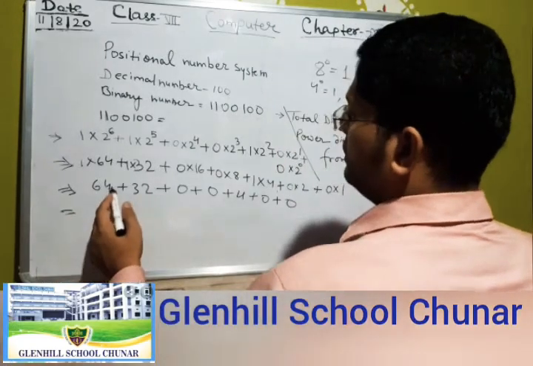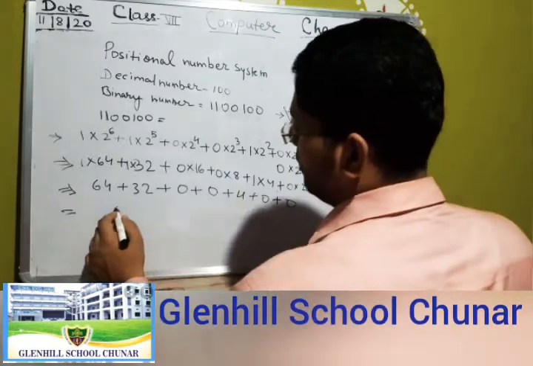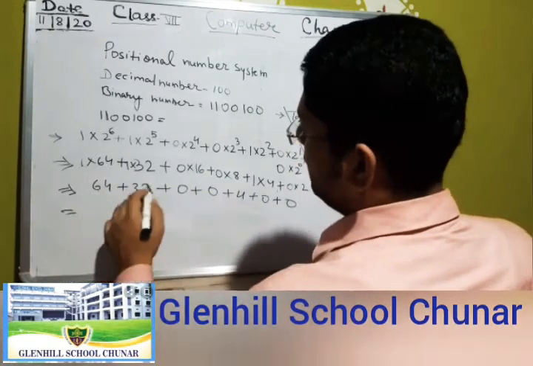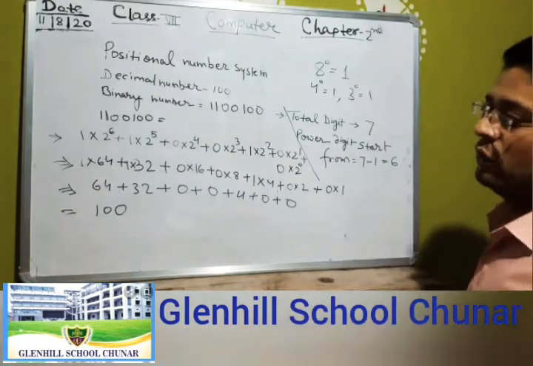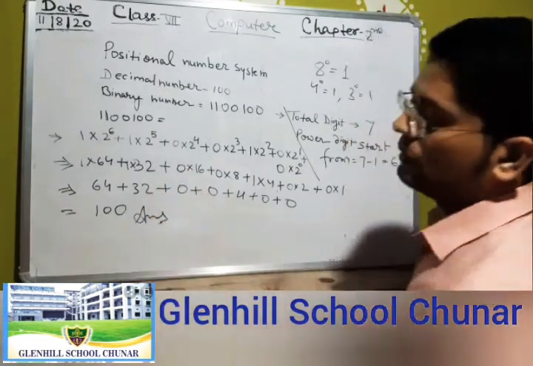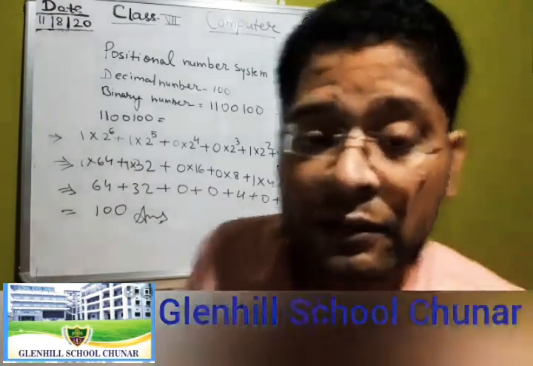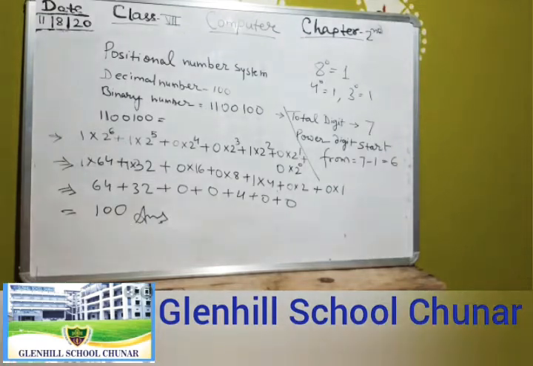So 64 plus 32 is 96, plus 4 is 100. Your answer is 100. Clear? That is how to convert a binary number. Okay, students?